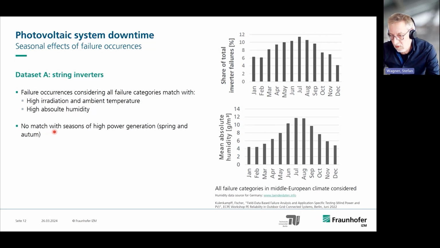No match we find with the seasons of higher power generation in the spring and the autumn, but for the season with higher absolute humidity, you see more inverter failures.